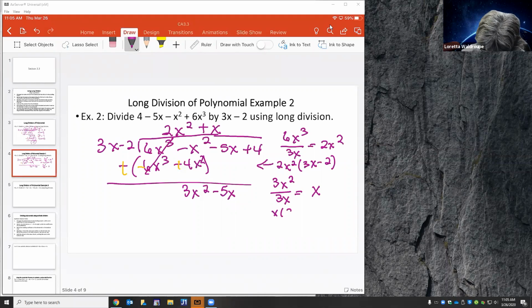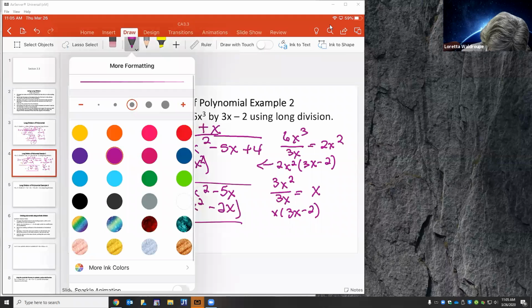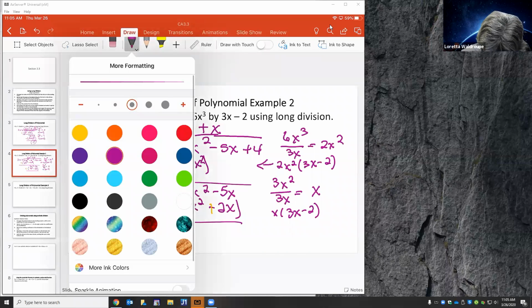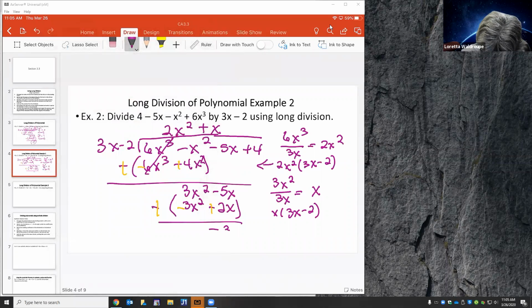What's x times 3x minus 2? 3x squared minus 2x, subtracting. So I change my signs. And now I have a negative 3x plus 4.